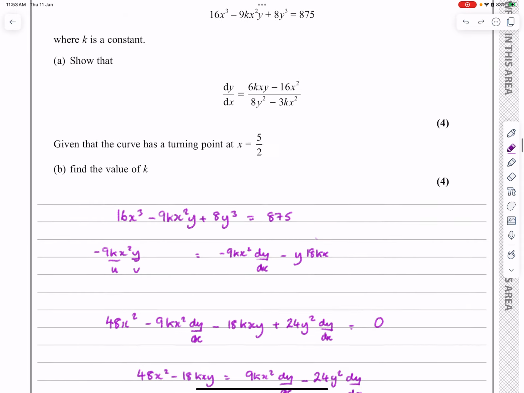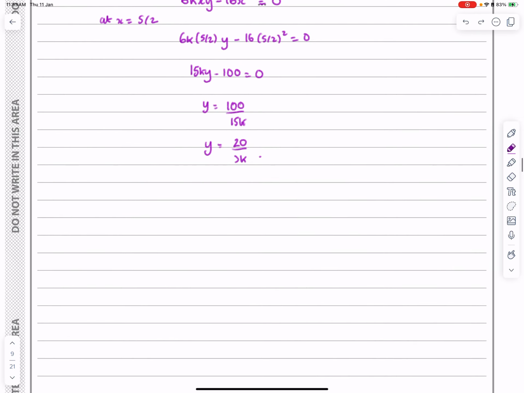Let me just show you, probably easier to just show you. So y is equal to 20 over 3k. Go back to the original equation, 16x cubed minus 9k x squared y plus 8y cubed is equal to 875, we know when x is 5 over 2, y is 20 over 3k. Let's make that neater as a 3k there.